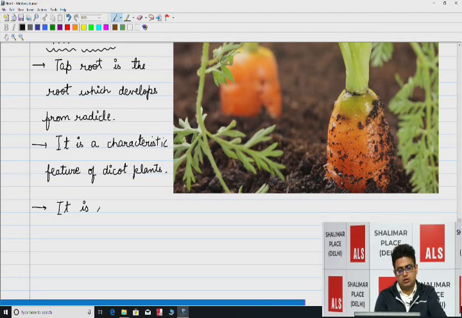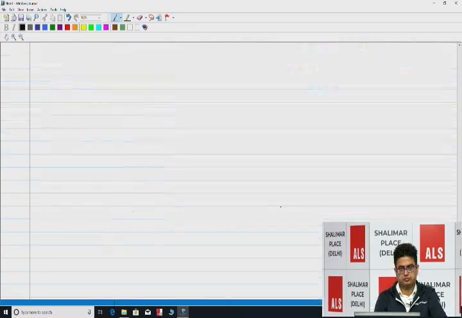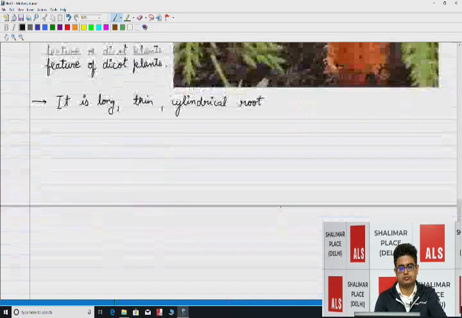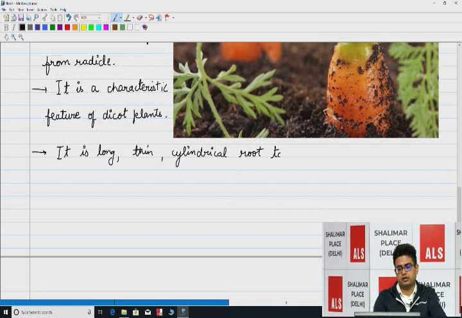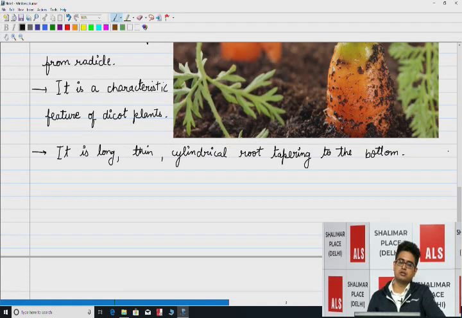It is a long, thin, cylindrical root which tapers down to the bottom. Okay, so this is about taproot.